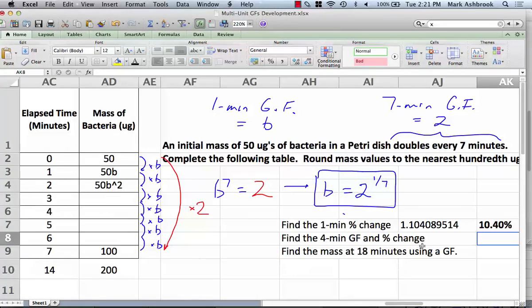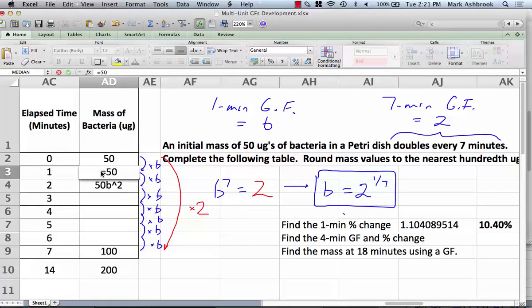Okay, so how about the 4-minute growth factor? How did you find the 4-minute growth factor? Morgan, did you get that? What'd you do? Okay, yeah. So did you fill in this table? So if we made this table, we know that this is equal to 50, or the previous entry times what?